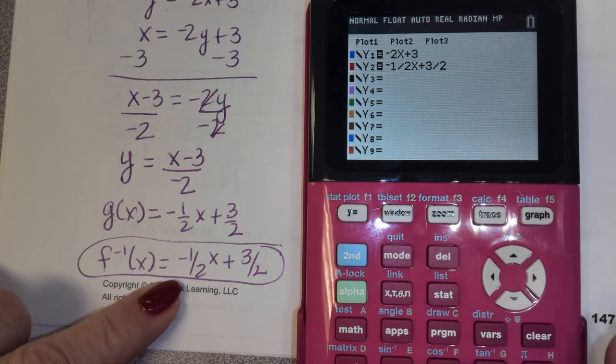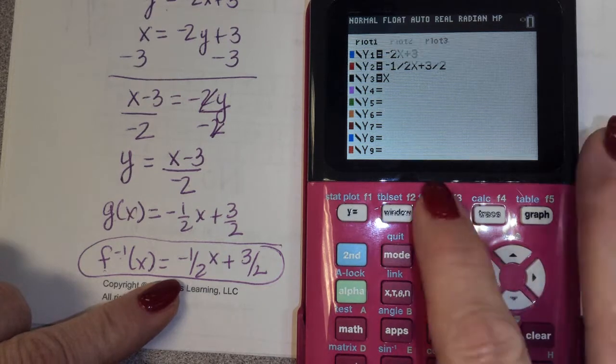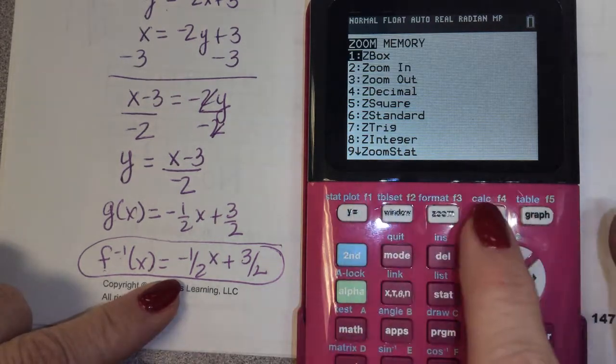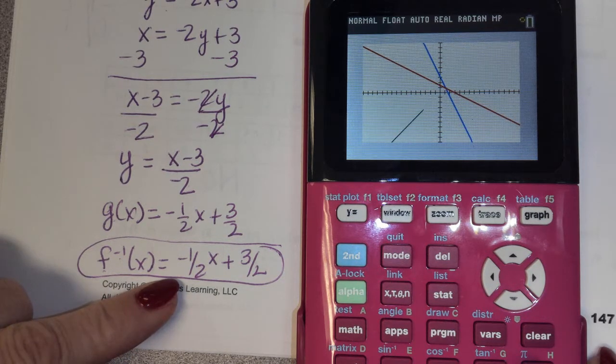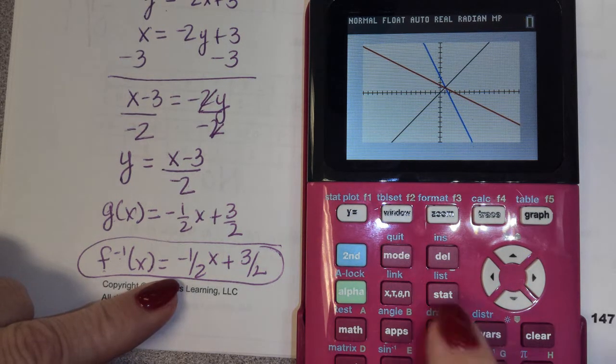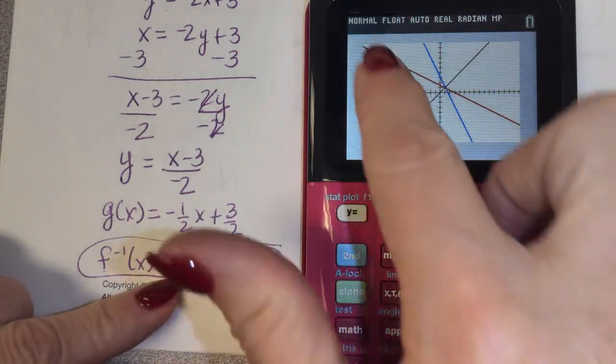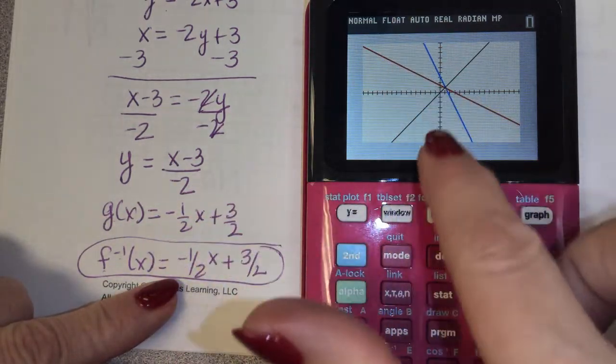I might even want to put in y equals x just to see. And I'm going to do a zoom square. That makes my screen so that it looks more like a square instead of a rectangle like usual. And there are the two that I came up with, and there's y equals x. They do appear to be reflections over that line y equals x.